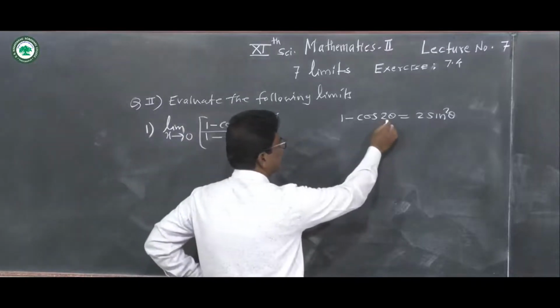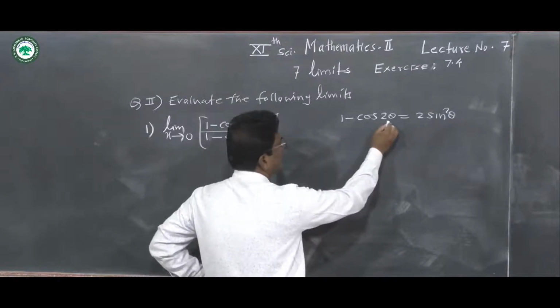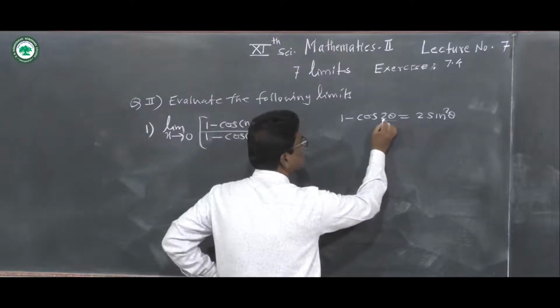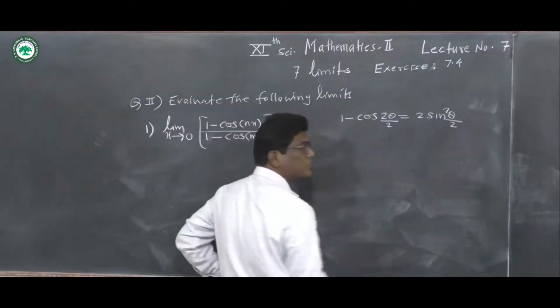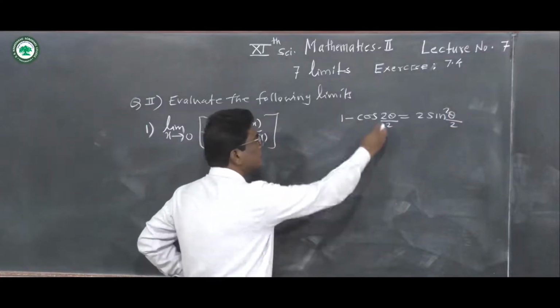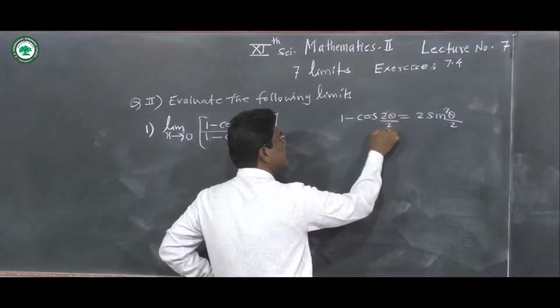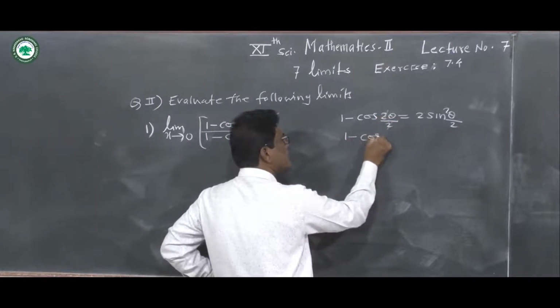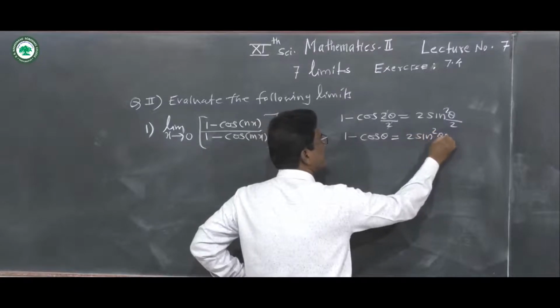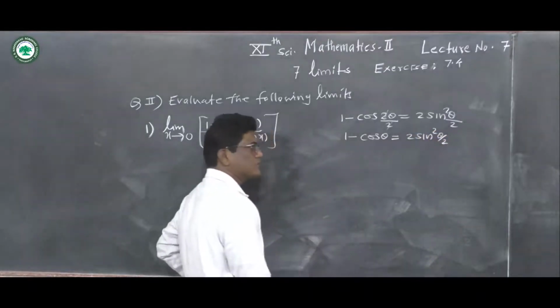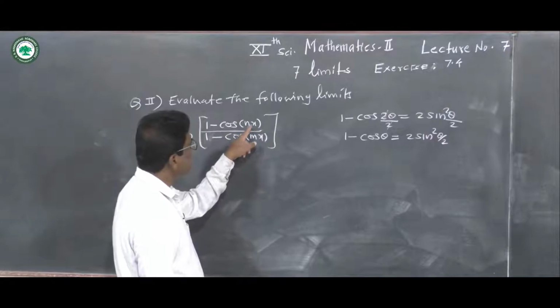So here if we divide this angle by 2, this is also divided by 2. We divide the angle by 2, so the 2 and 2 get cancelled. 1 minus cos of theta is equal to 2 times sin square (theta by 2). And now replace theta by nx.